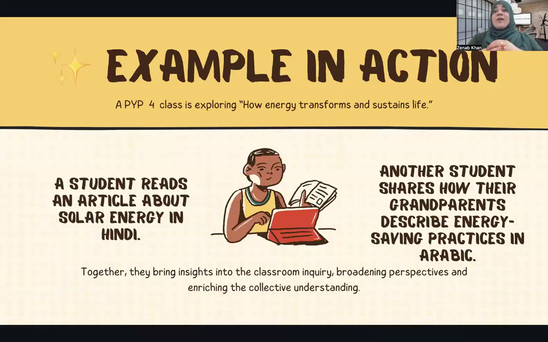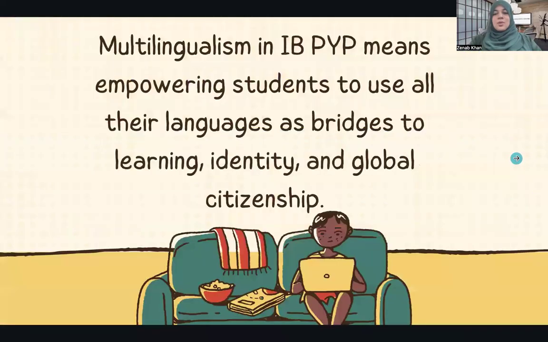So here you have given them voice, choice, and ownership. Moving on, let's reiterate that in the IBPYP, multilingualism means encouraging students to use all the languages as tools for learning, for expressing who they are, and for connecting as global citizens.